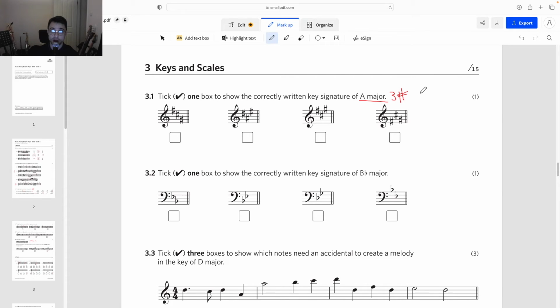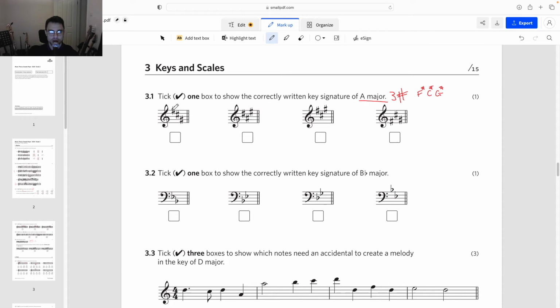Well, you can use the rhyme. Father Charles goes down, right? So Father Charles goes. Let's put little sharp signs above them. So F sharp, C sharp, G sharp, in that order are the 3 sharps we need to put in the key signature to make A major.